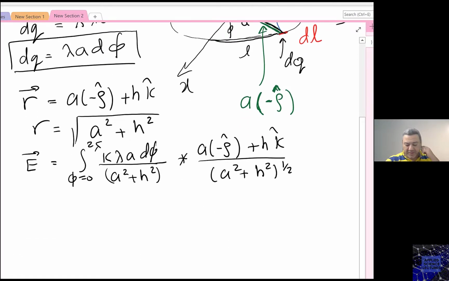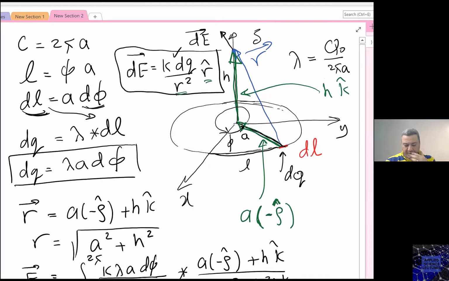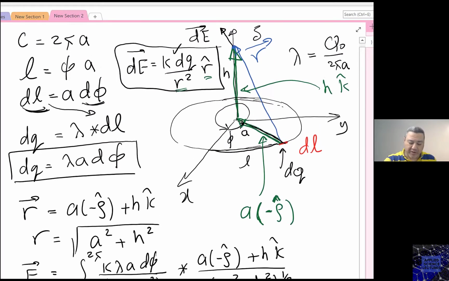Now, due to the symmetry, and again, this is very important, if we are calculating the electric field right at this point, you will see at every single point on this circle, there is a point on the other side that creates an electric field such that it cancels along the rho in this circle.